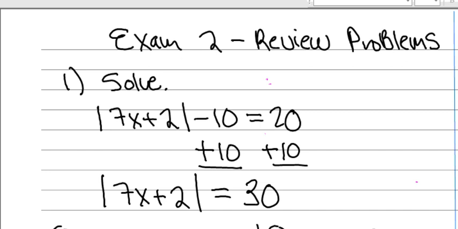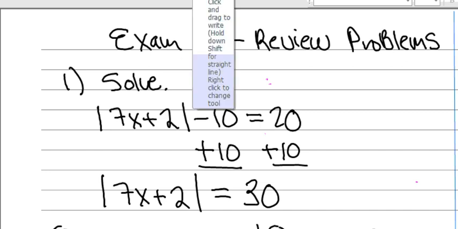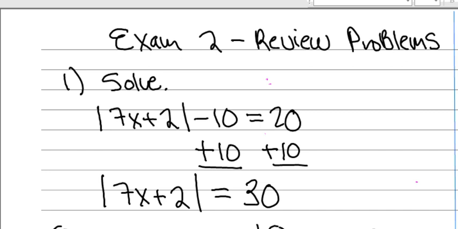So I'm going to add 10 to each side. And after I do that, I've got the absolute value equal to 30.